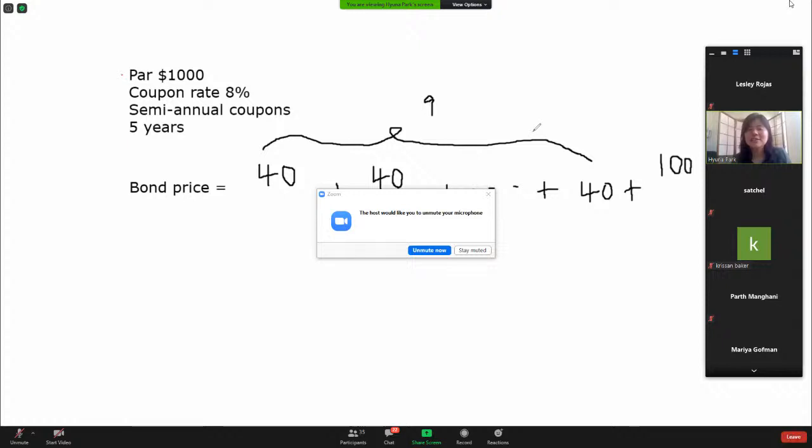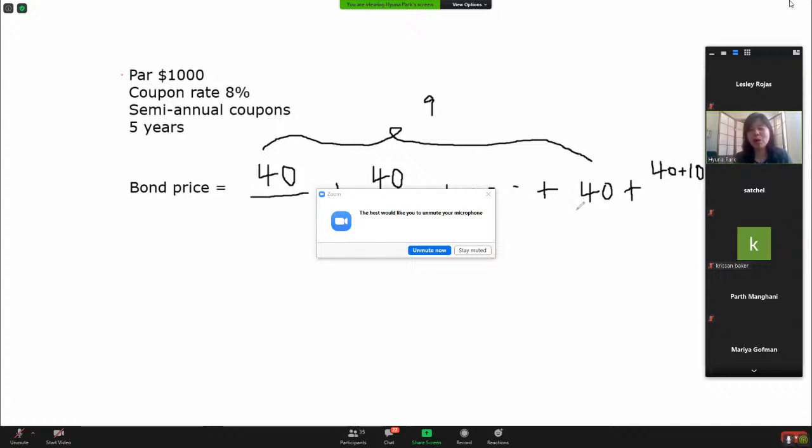To make it easier to see, let me raise this.